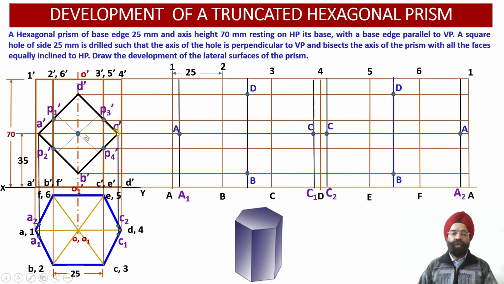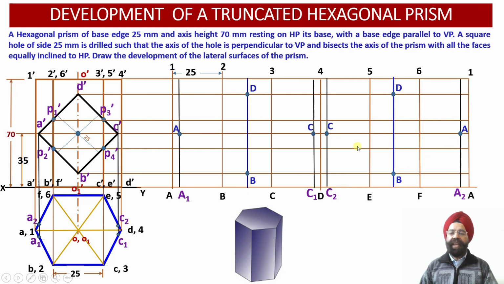Now from the elevation projection viewpoint C dash, if we draw a horizontal projector line, it is going to intersect with the vertical projector lines emerging from C1 and C2. Point C in the front face and point C in the rear face have been located over here. This way, corner points A, B, C, D in the front face have been located.